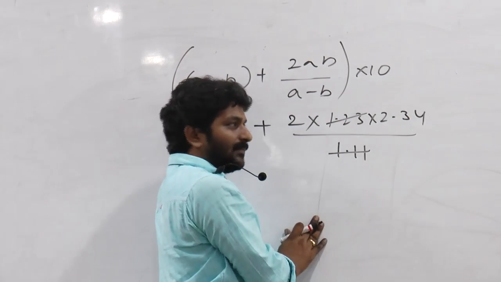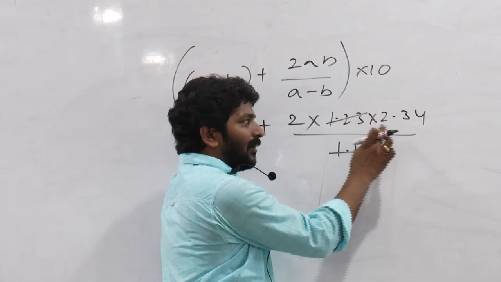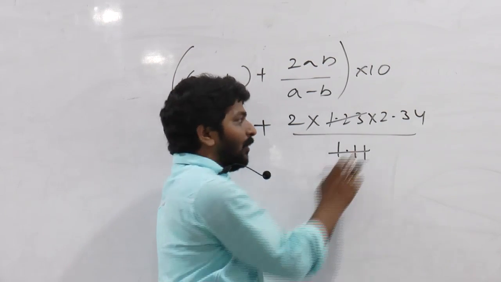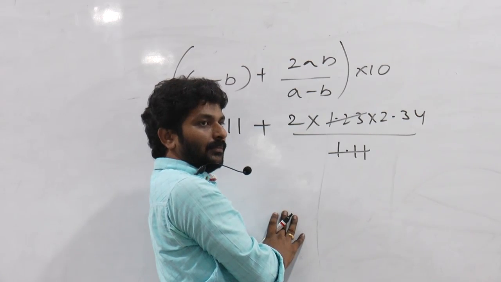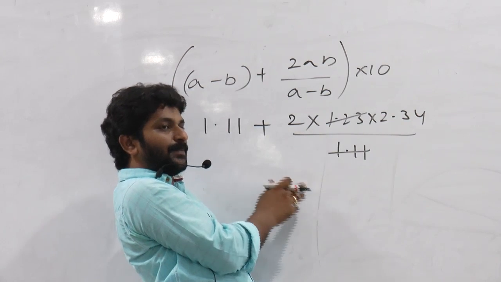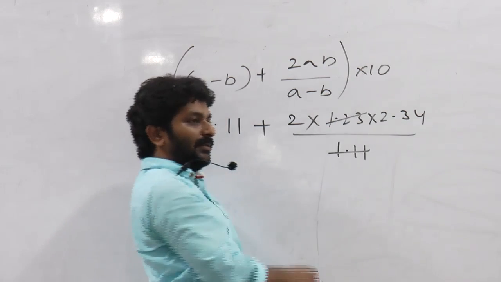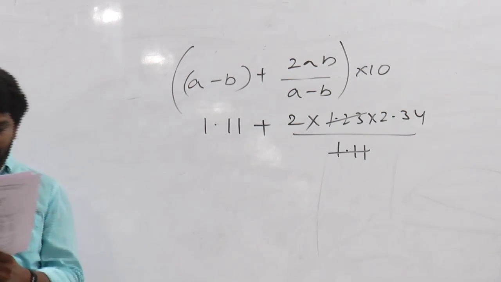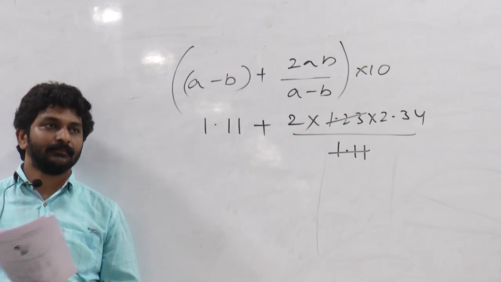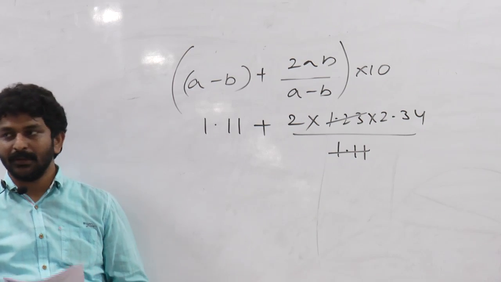As this is more than 1, in place of 2.34 I'll write 2.5. 2.5 into 2 is 5, plus 1.11, 6.11, into 10. 61. Is that okay?